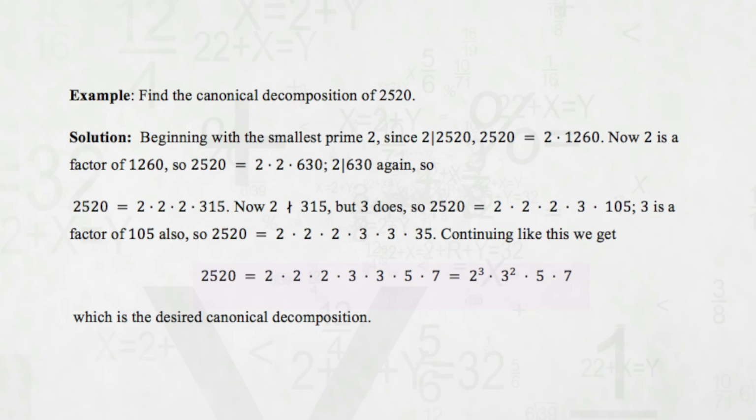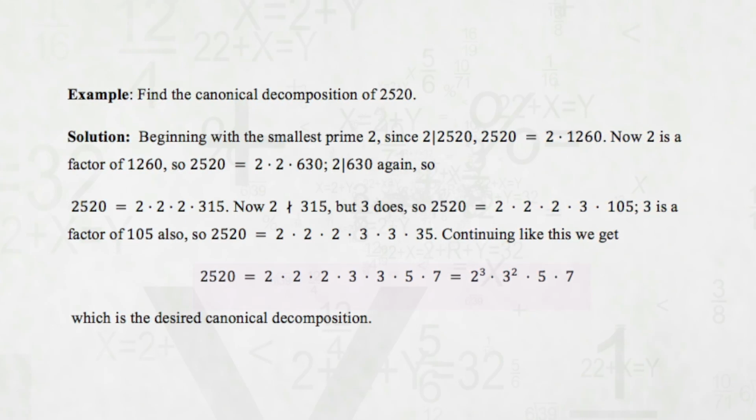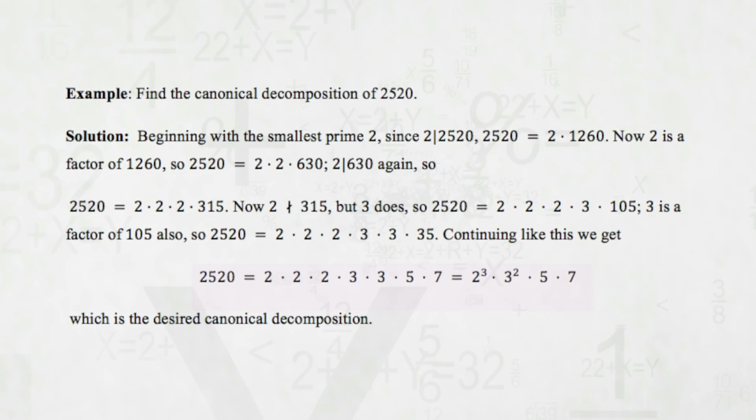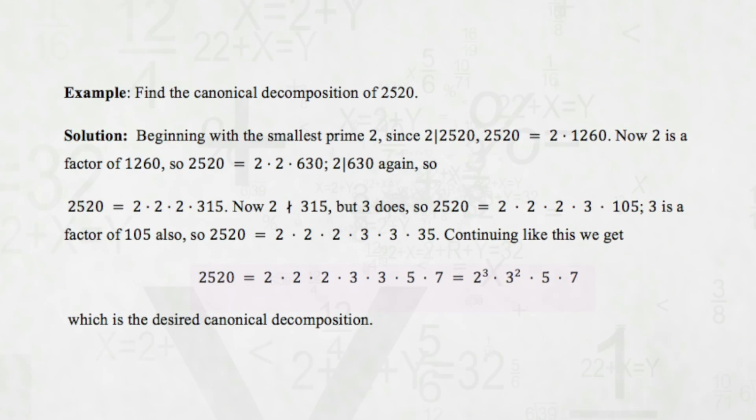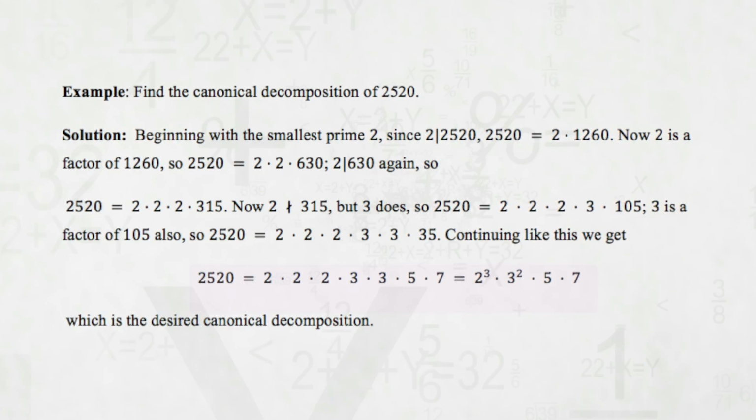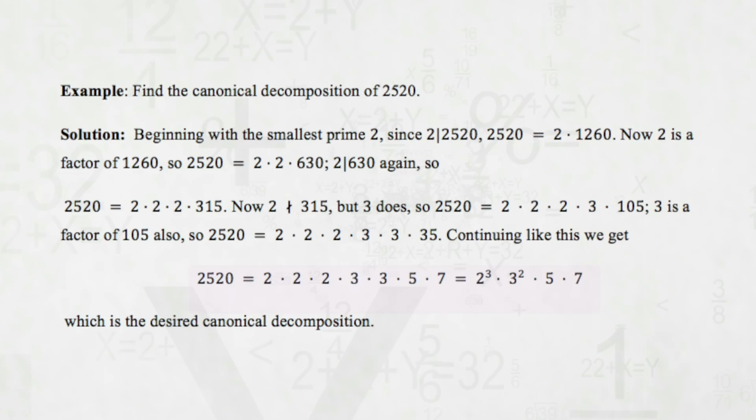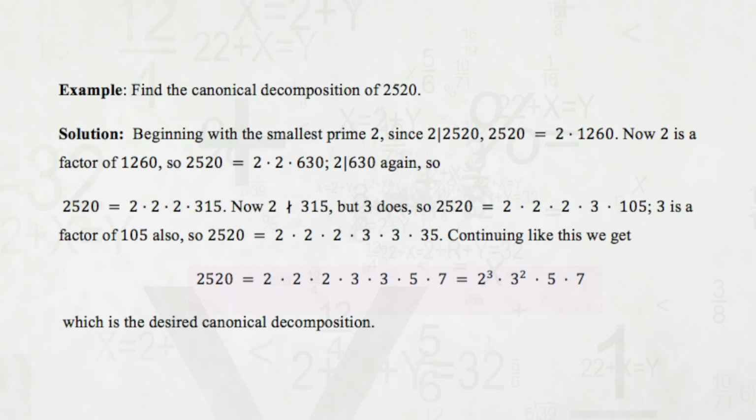Now 2 is a factor of 1260, and so 2520 can be again rewritten as 2 multiplied by 2 multiplied by 630, and 2 divides 630 again. Therefore 2520 can be written as 2 multiplied by 2 multiplied by 2 multiplied by 315. Now 2 doesn't divide 315, but 3 does.